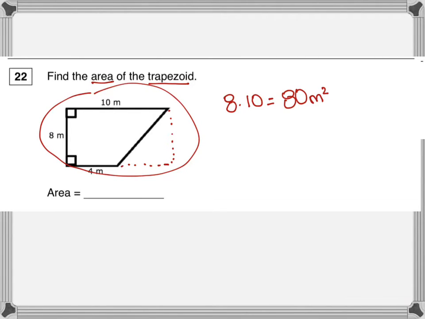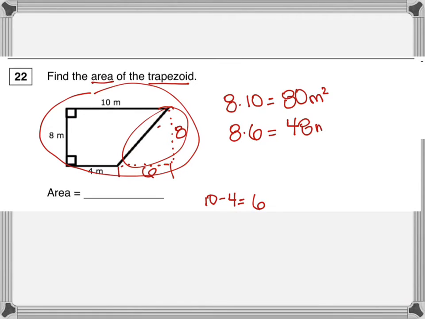Now, all I need to do is subtract this triangle right here. Okay, so I know that this is 8. How can I find this missing side? Well, I know that the total is 10. So I'm going to take 10, I'm going to subtract the side I know, which is 4, that equals 6. So I've got 8 and 6 now. So 8 times 6 equals 48 meters squared.